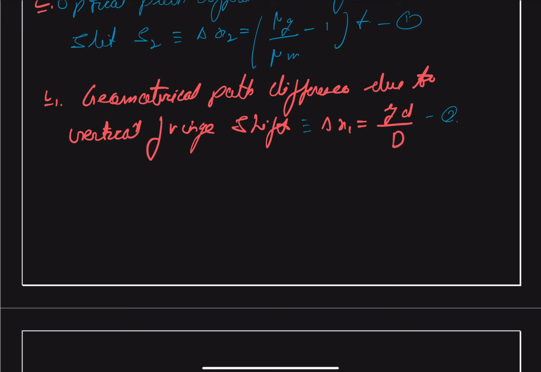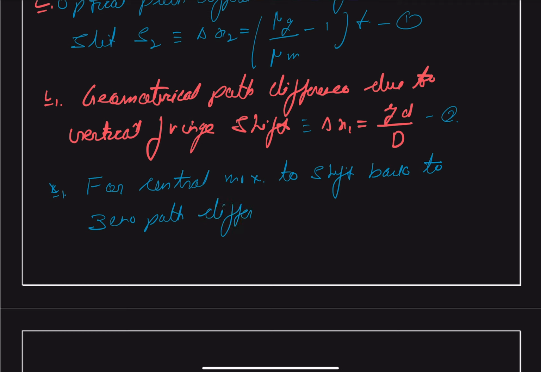You can say that for central maxima to shift back to 0 path difference, equation 1 should be equal to equation 2.